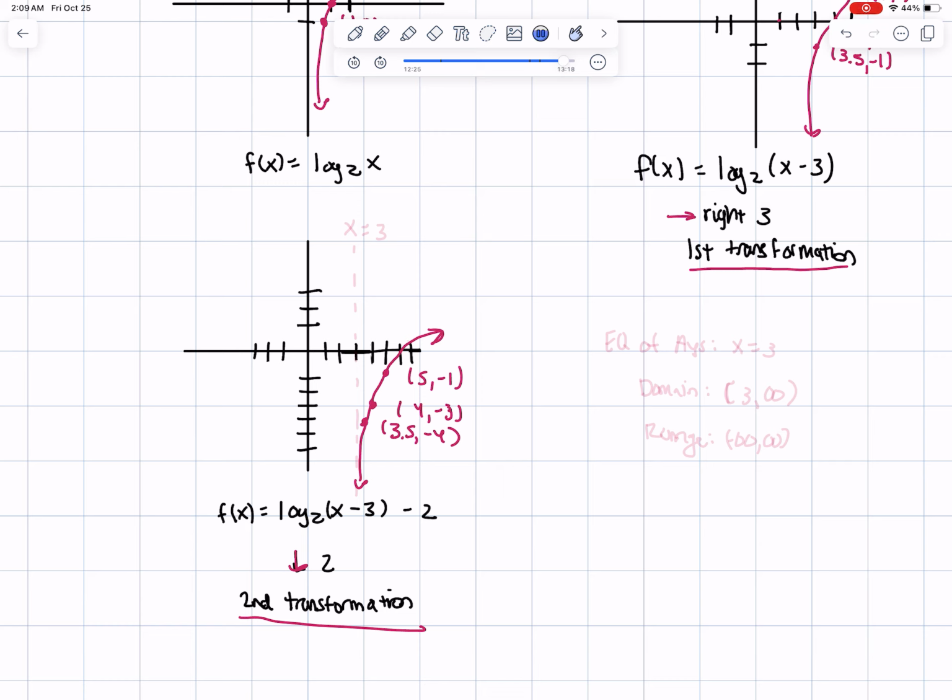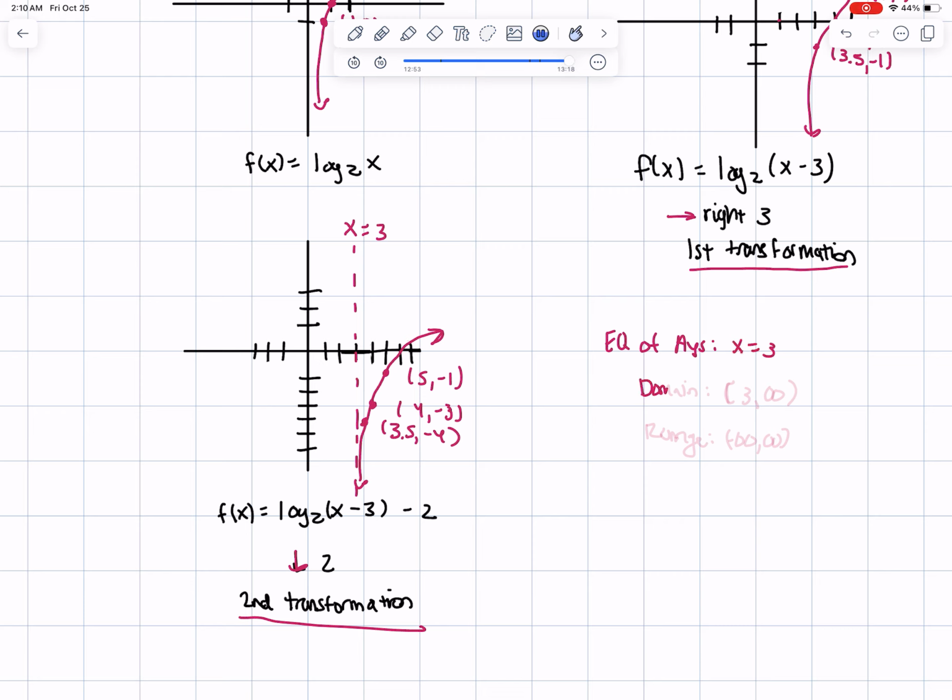So now, what is our asymptote? So our asymptote is based on where we left off. So this is an X, not a Y, an X of 3. So our equation for asymptote is X equals 3.